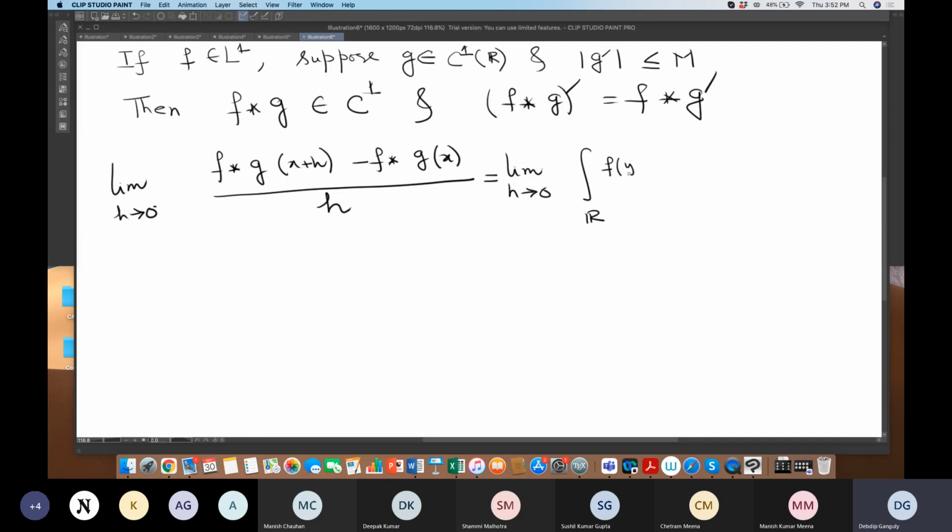The integral of f of y into g of x plus h minus y, minus g of x minus y, I'm writing these two together, divided by h. Is that okay? Now you tell me why I can put the limit inside. The limit will go inside.